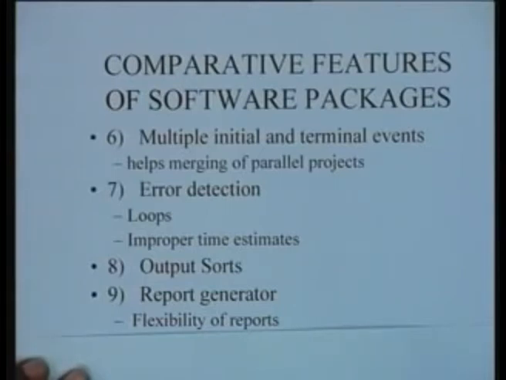But if you want to get something else, a report generator would probably have the features, and you could with a little bit of programming effort generate the report that you want. So quite often the structure of the report generator and how it gives you various kinds of reports could be crucial in choosing a package, because it would determine what kind of flexibility you are going to have in generating various reports.